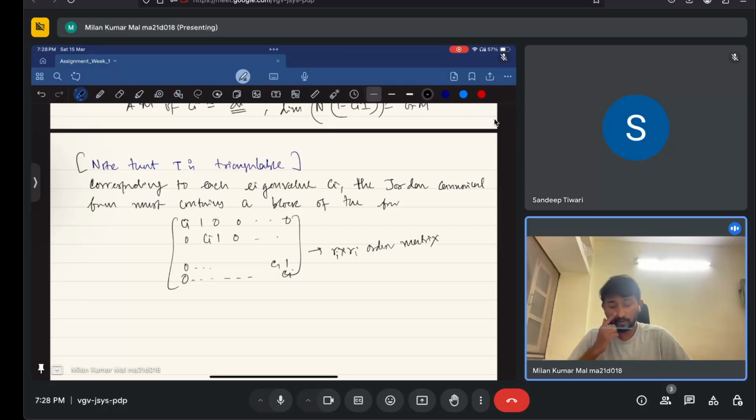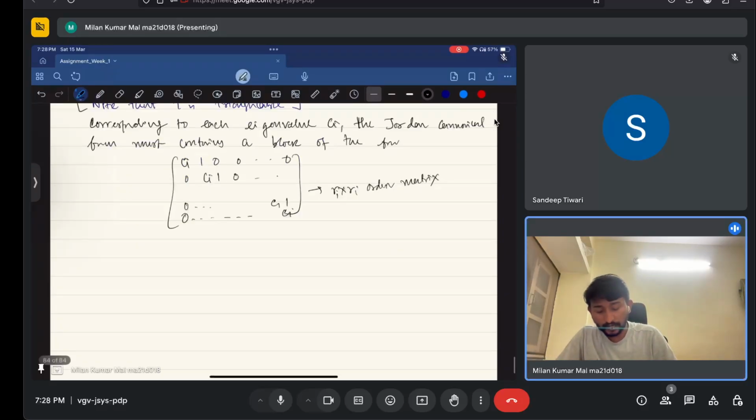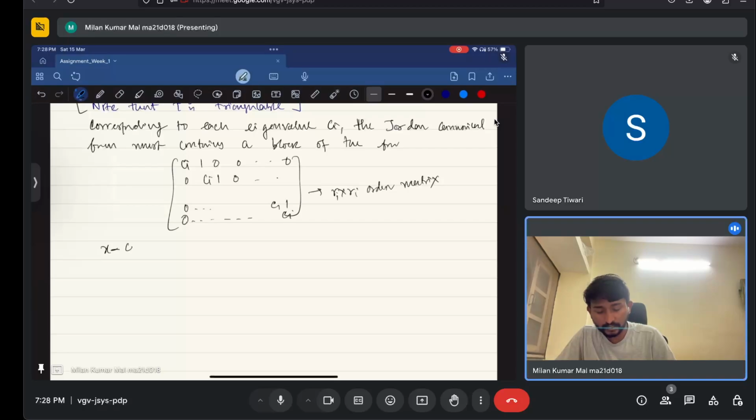So what I just want to say is, suppose the characteristic or minimal polynomial has a factor like (x minus C1) to the power 2. Then we must have at least one block of this form: C1 1 0, 0 C1 1, 0 0 C1.